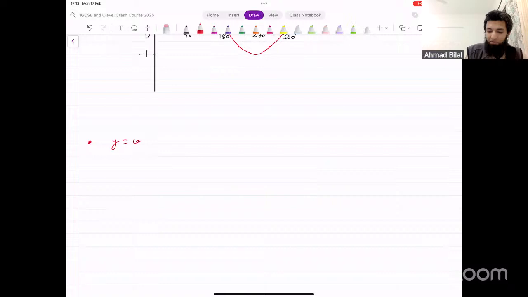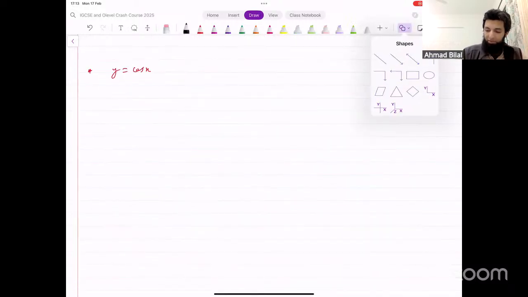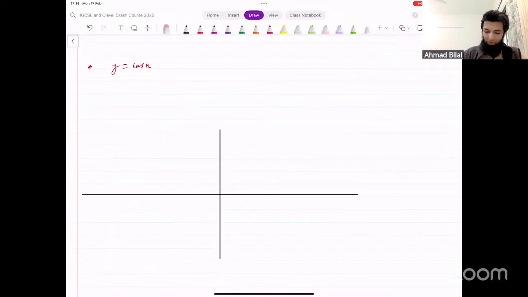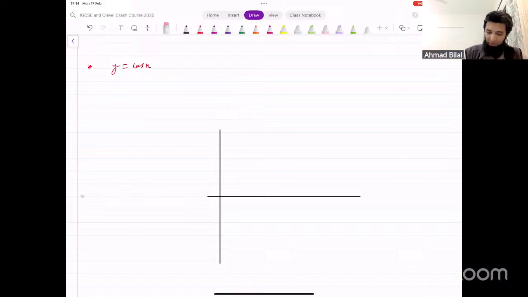Y equals cos of x. Okay, let me draw x and y axis like this for the cos graph. You've got the y-axis here, and you've got the x-axis here.